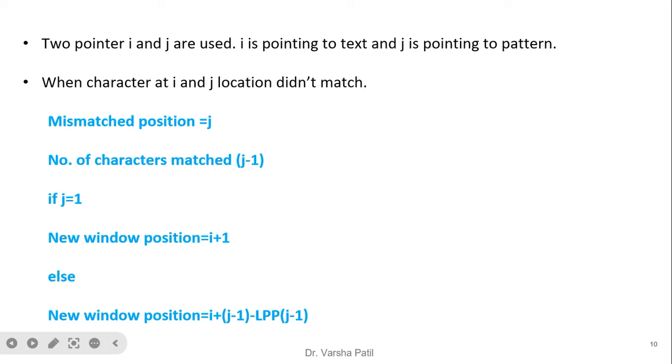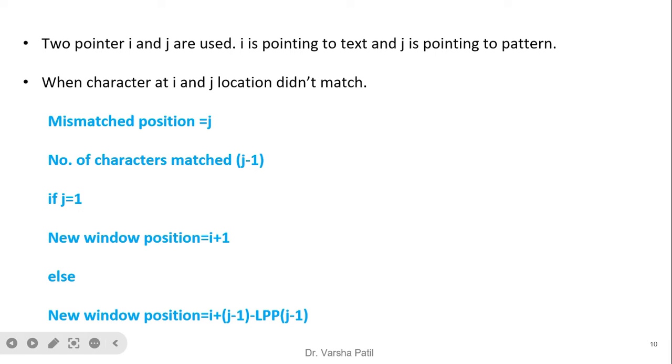If J equals 1, meaning mismatch occurs at the first character, then the new window position is I plus 1. Else the new window position is I plus (J minus 1) minus LPP of (J minus 1). That is, we take this J where the mismatch occurs, we add the J minus 1 location, and we subtract the LPP of J minus 1.